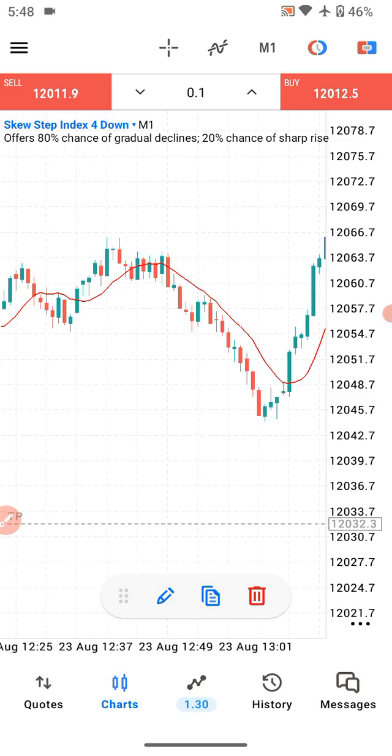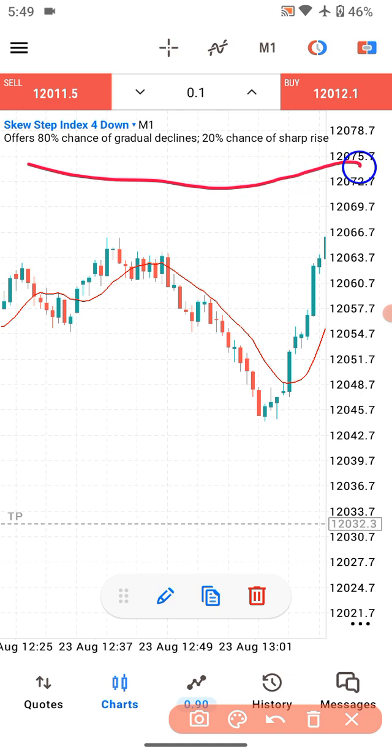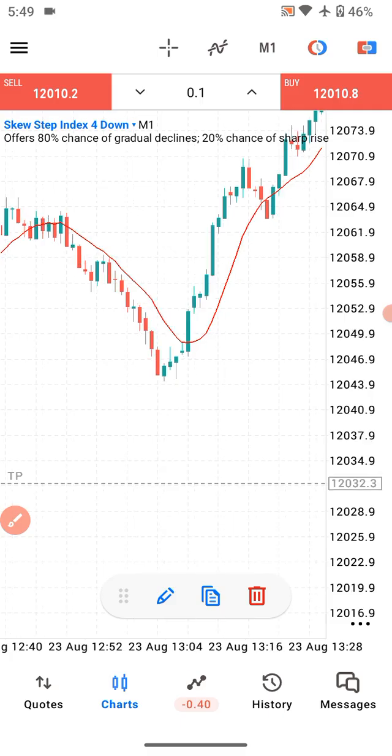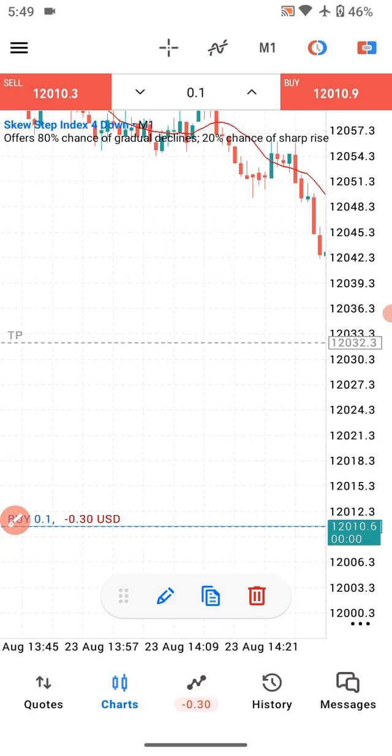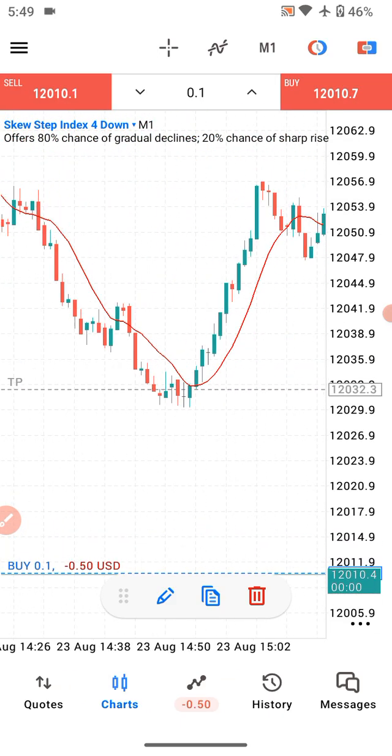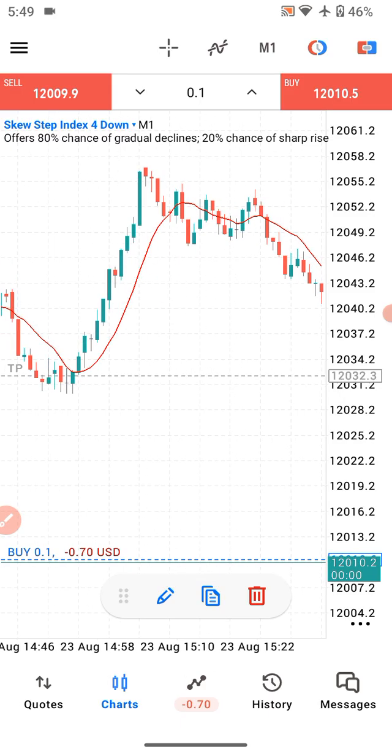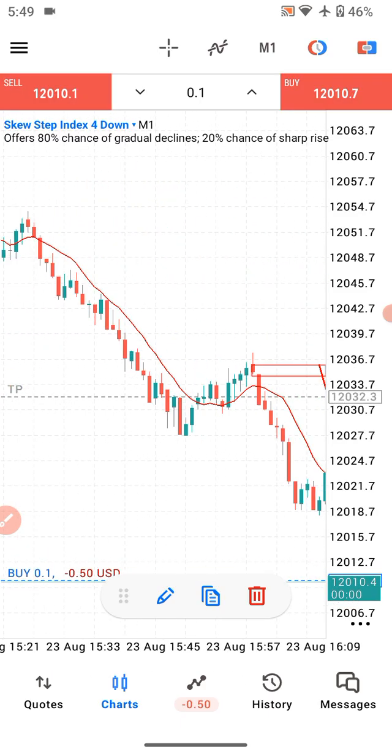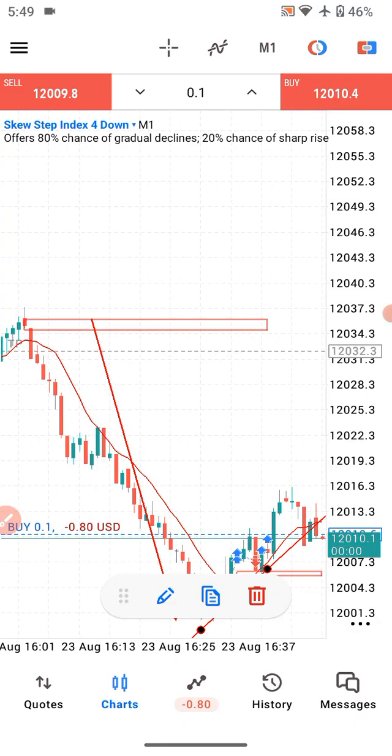I like what this pair says, where it offers 80% chance of gradual declines, 20% chance of surprise. This says it goes down more than it goes up, declining versus increment.